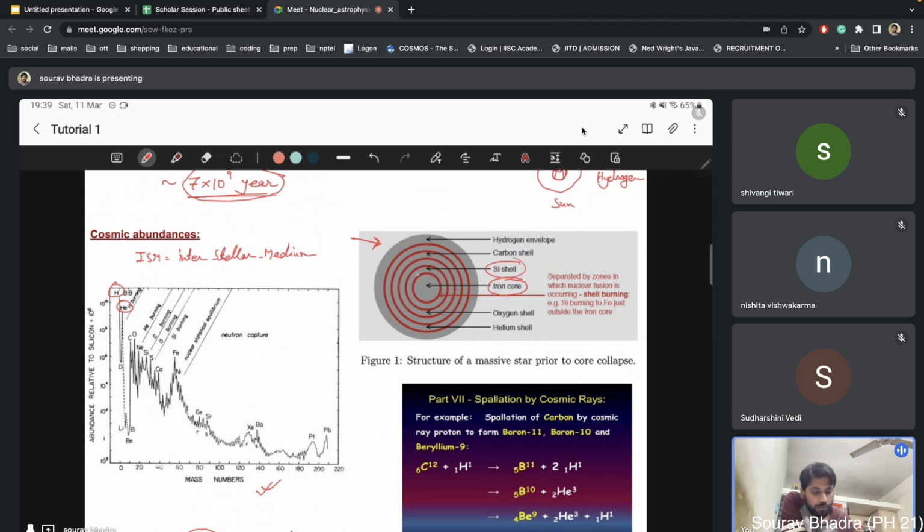When you are going outward from the center, the nuclei existing at that particular time will be lower and lower in mass. The outer envelope is still burning hydrogen because it has not gone to a higher metal, but here this is carbon.